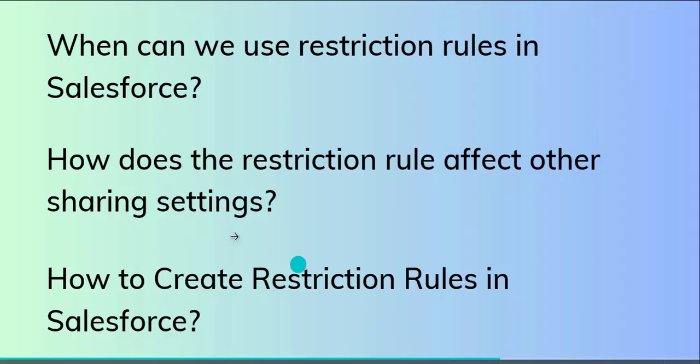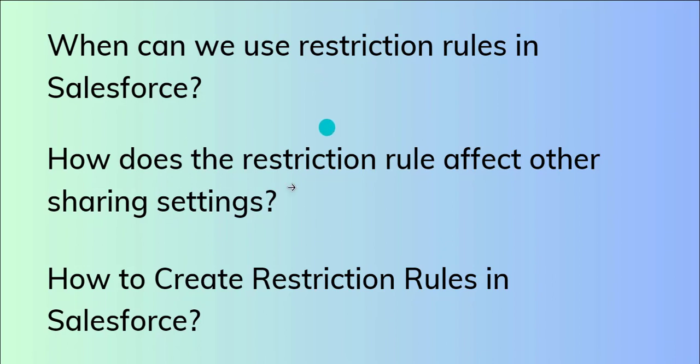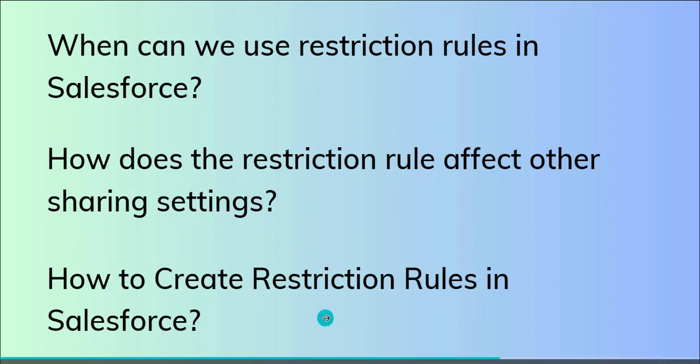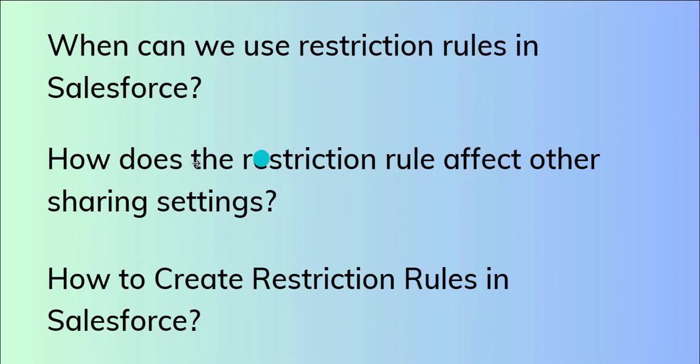Now coming back to our questions. Now we have seen when we can use restriction rules and how to create restriction rules in Salesforce. Now we have a question: how do restriction rules affect other sharing settings? So we know when we create the user, the very first security is at the profile level. For this question, we can say the user gets record level access from organization wide defaults and other sharing settings.